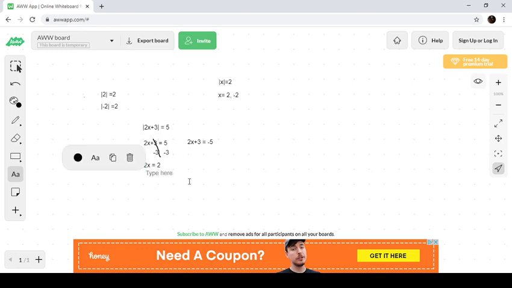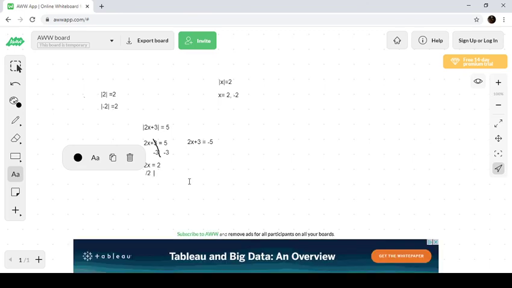So we divide by 2 on both sides. That will separate the 2 from that x, leaving us with just the x left, which is good. And then our 2 divided by 2, well, anything divided by itself is 1. So x could be 1.